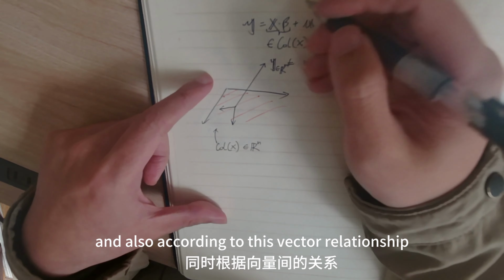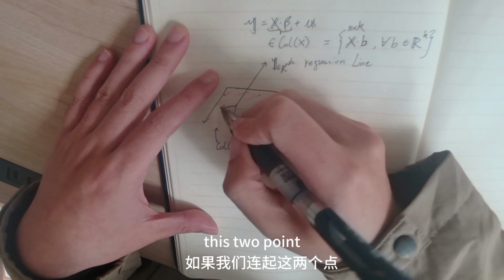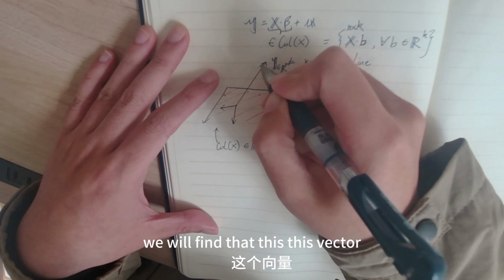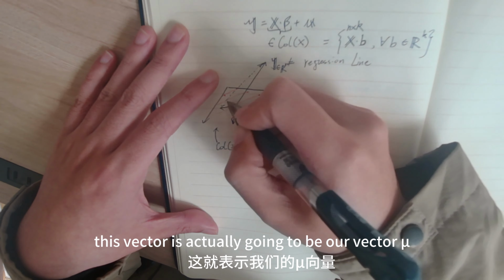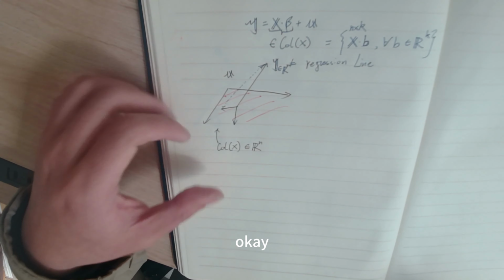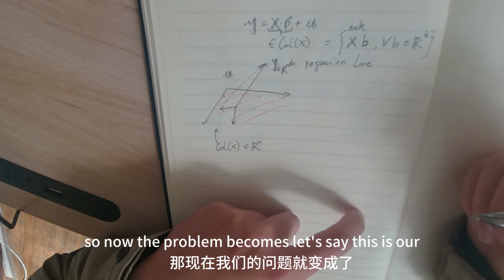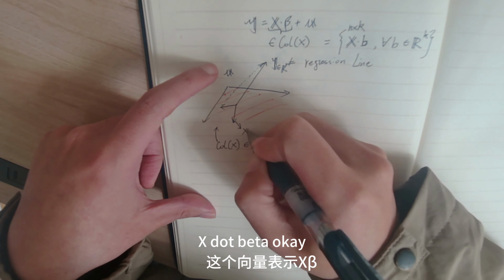And also, according to this vector relationship, if we connect these two points, we will find that this vector, which I'll draw with a dotted line, is going to be our vector mu. Okay, so now the problem becomes, let's say this is our X dot beta.